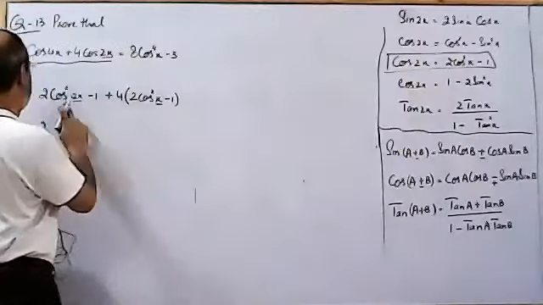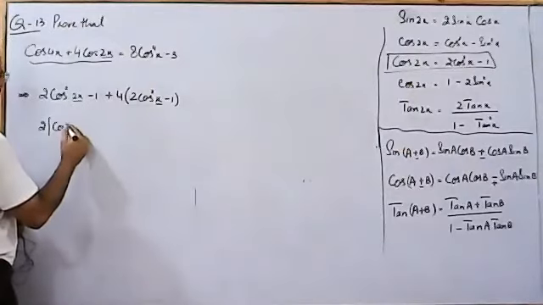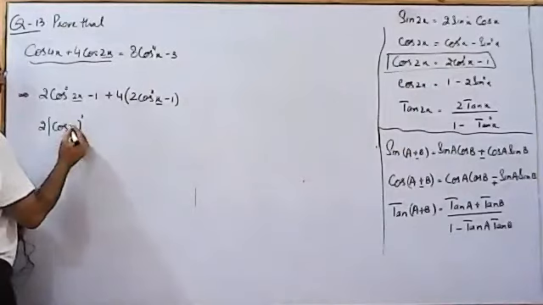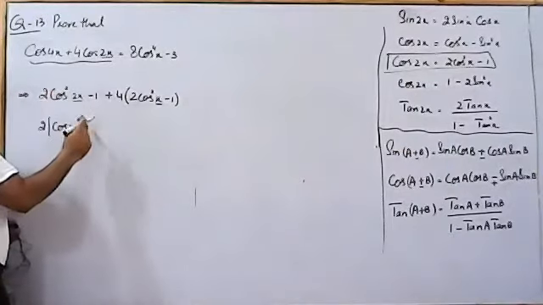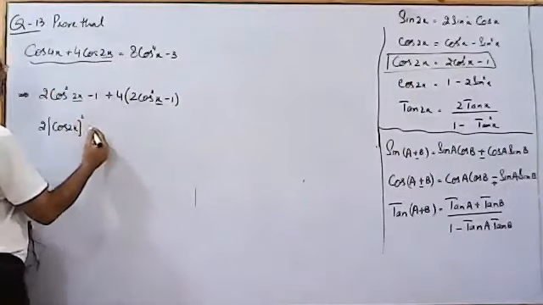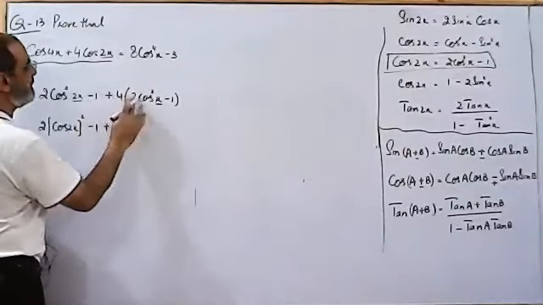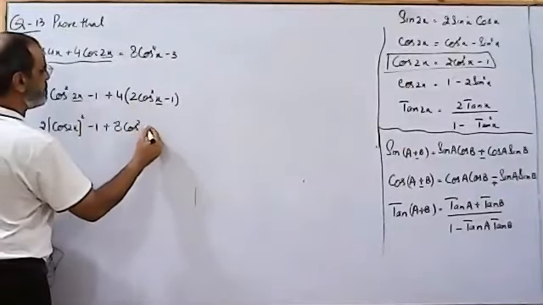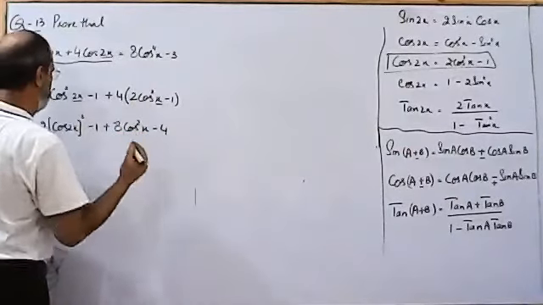So I can write it as cos 2x whole square. This square on the cos, I have placed it over here. Minus 1 plus, multiplying with the 4, we get 8 cos square x minus 4.